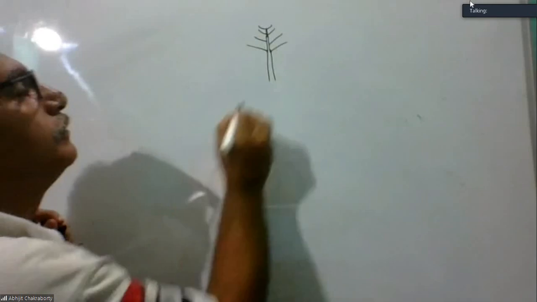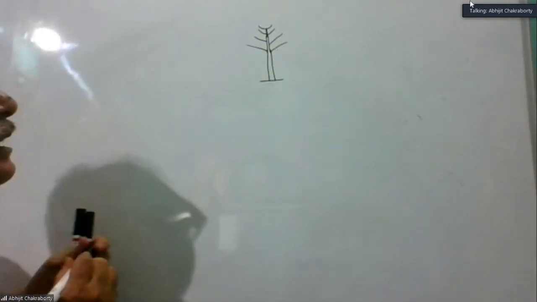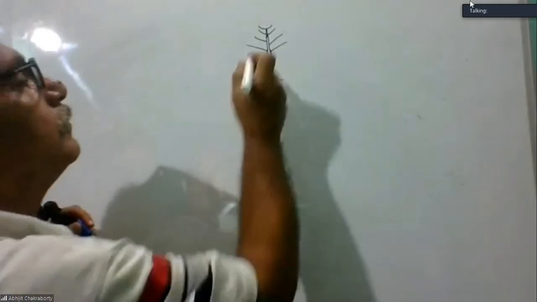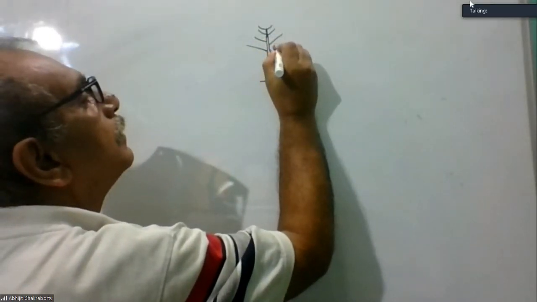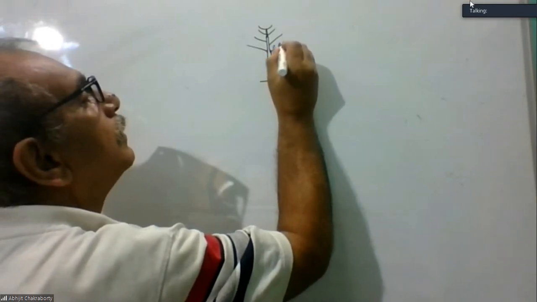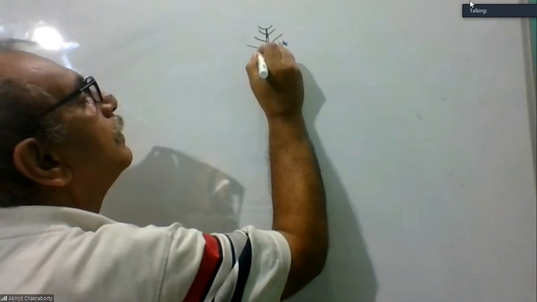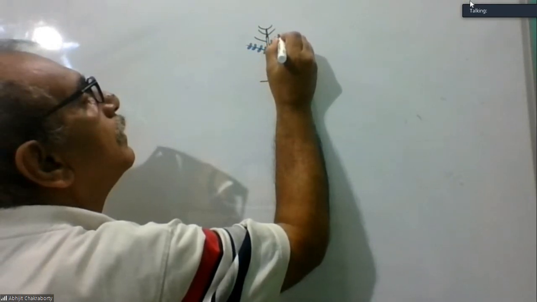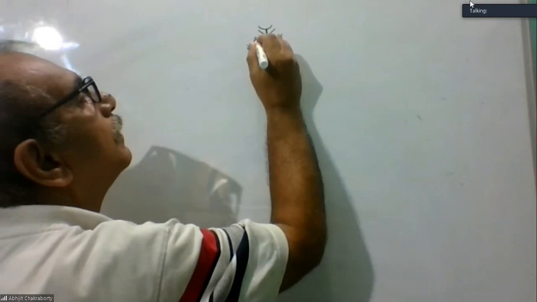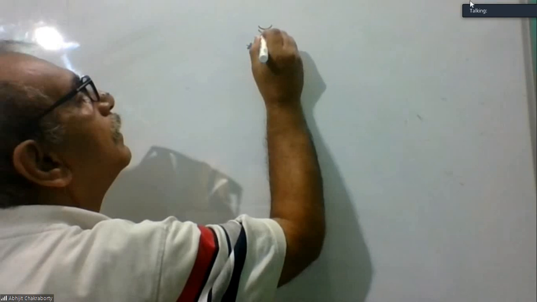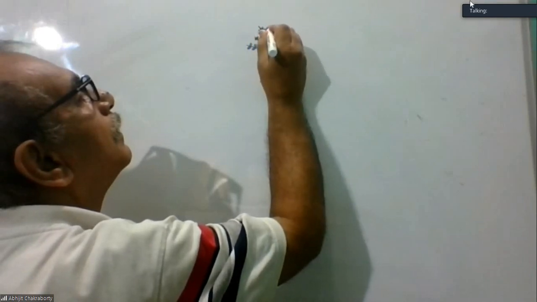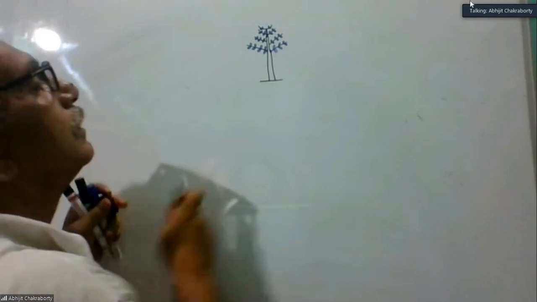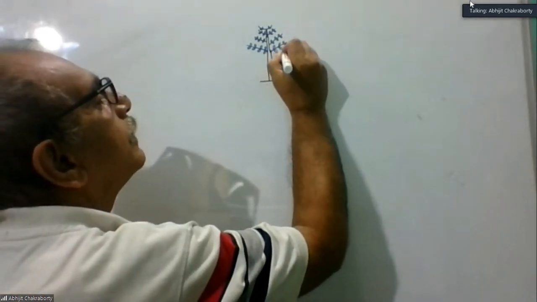It appears like this. And here, all these small structures to the dwarf shoot, and from here needle-like leaves are developed.